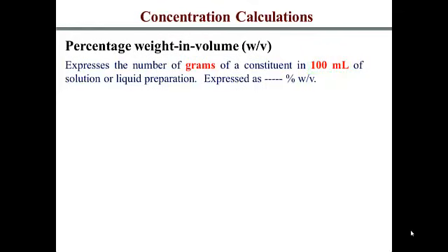It's like you have a solid component, and the key thing is to know its weight in grams in 100 milliliters of solution. Oftentimes it's expressed as percentage weight by volume.